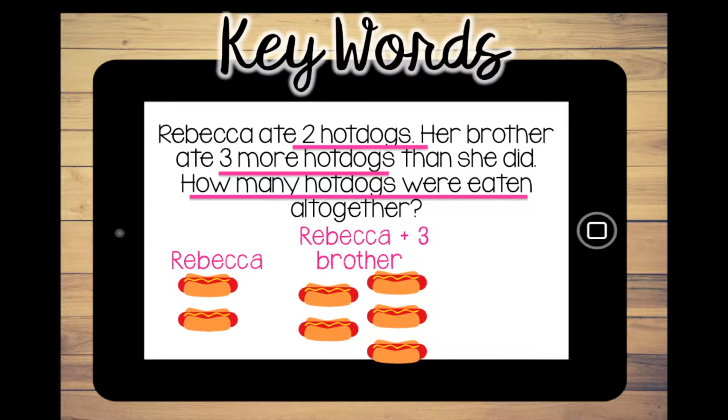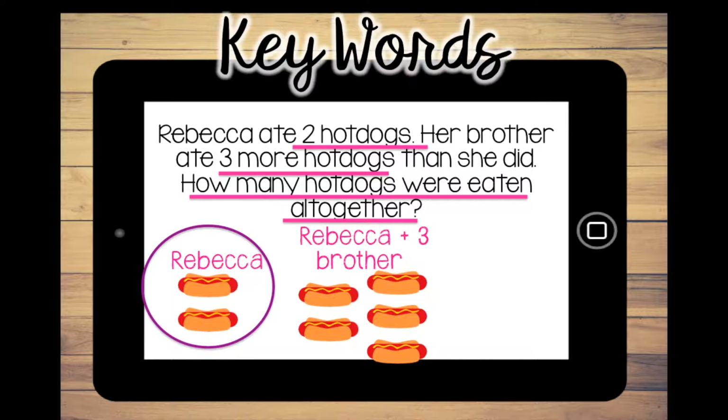Now we need to answer the problem, because the problem wasn't how many hot dogs does brother have. It's how many hot dogs were eaten all together. We learned that all together is a key word when we're adding. But we're not just going to add to get brother's hot dogs.